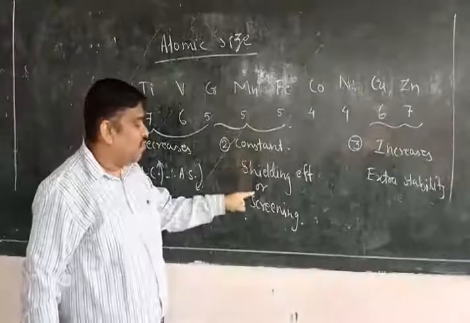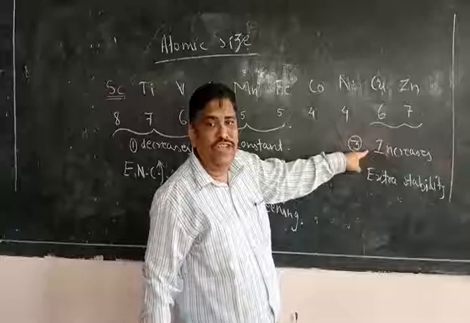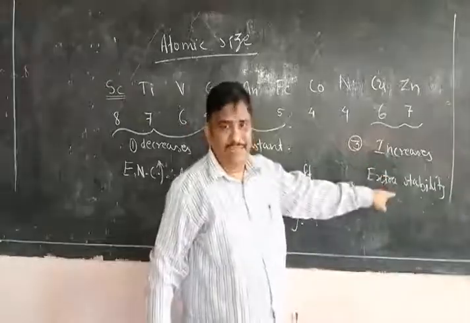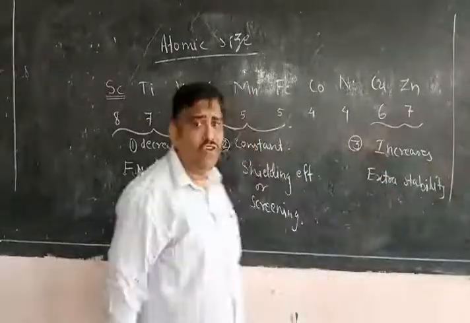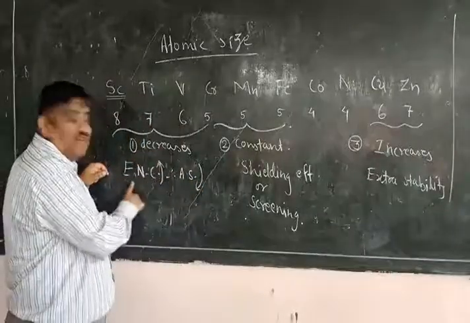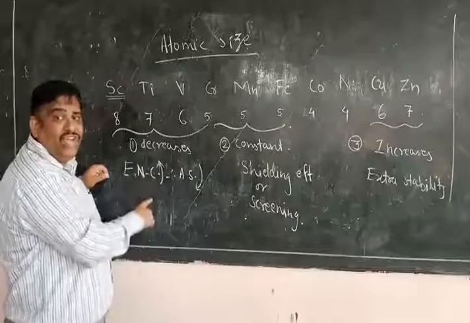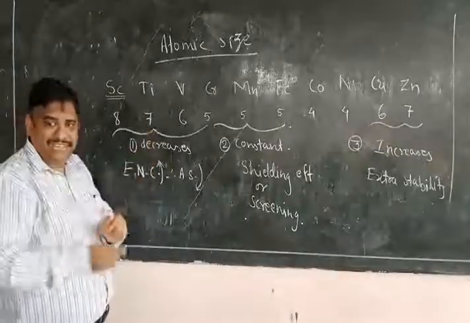Due to the shielding effect or screening effect. And why does the atomic size finally increase? Due to extra stability. Now already you know why the atomic size decreases because of effective nuclear charge. What do you mean by the effective nuclear charge? Effective nuclear charge means attraction.